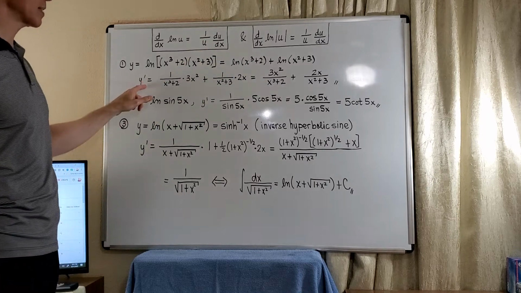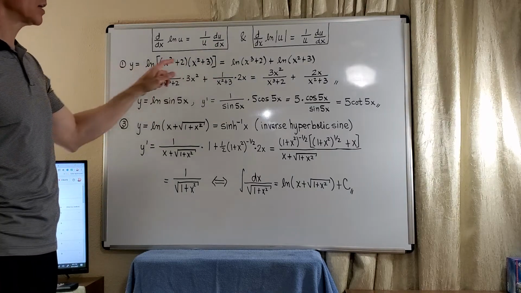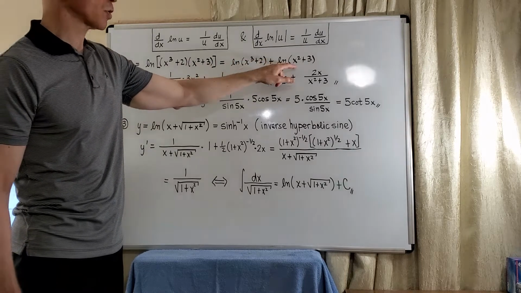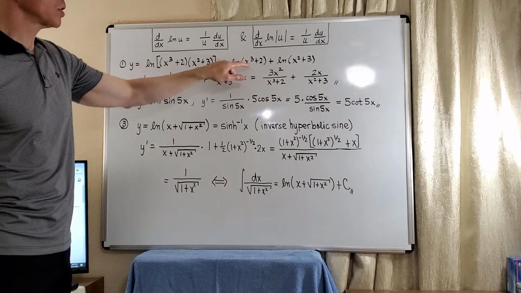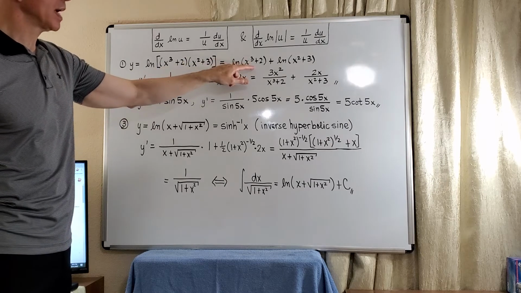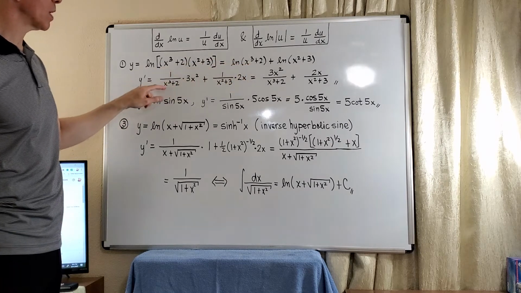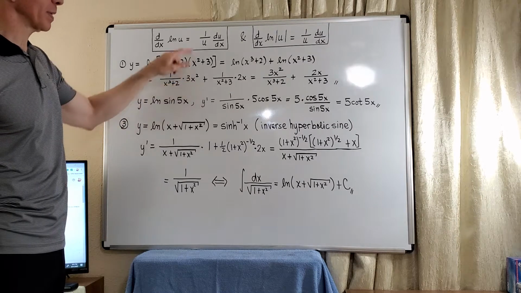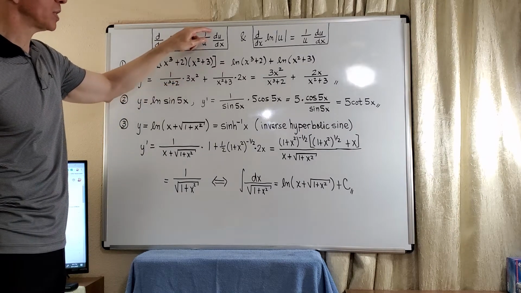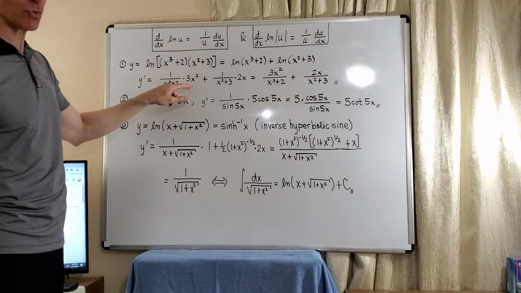And now when you take the derivative of y, you can actually apply it to each of these terms. So the natural log of x cubed plus 2 will have this derivative. That is, we reciprocate the argument, 1 over x cubed plus 2, times the derivative of the argument, like what we have here, 1 over u du dx, 3x squared.